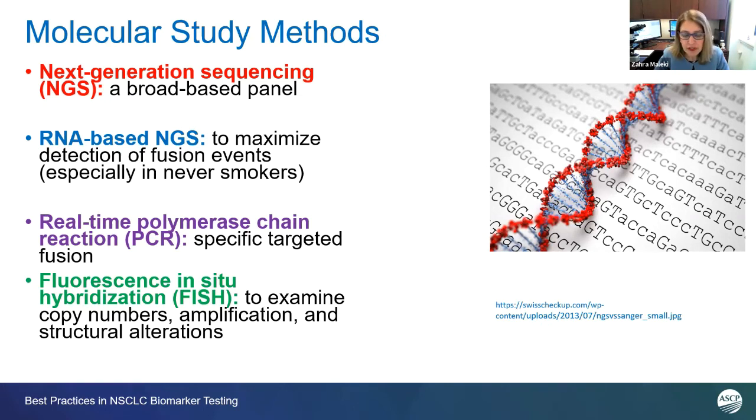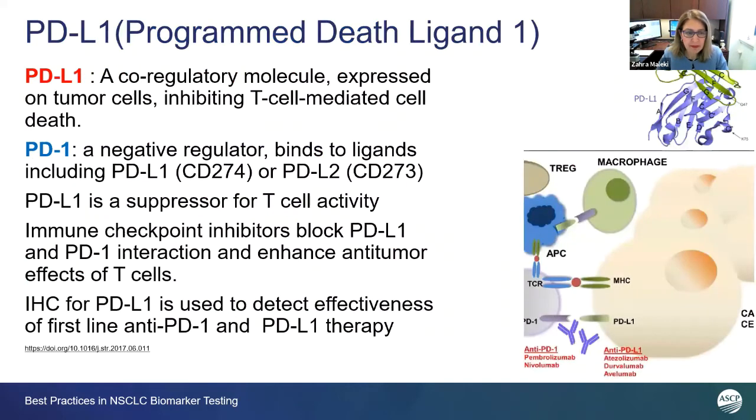And of course, FISH is a more specific method when it comes to examination of copy numbers, amplification, and structural alteration. It's important to know that each one of these methods can be DNA-based or RNA-based, and they can also work with variable amounts of DNA content, which is important.